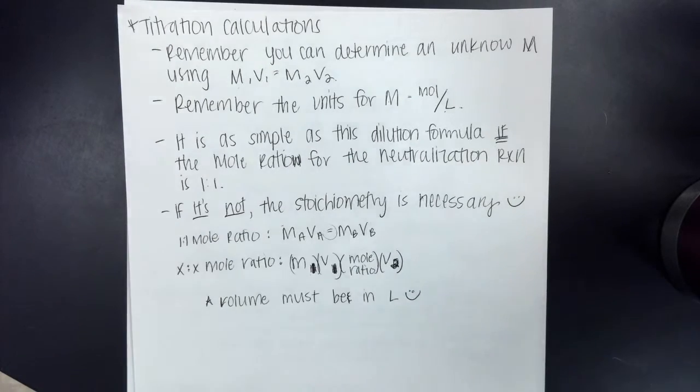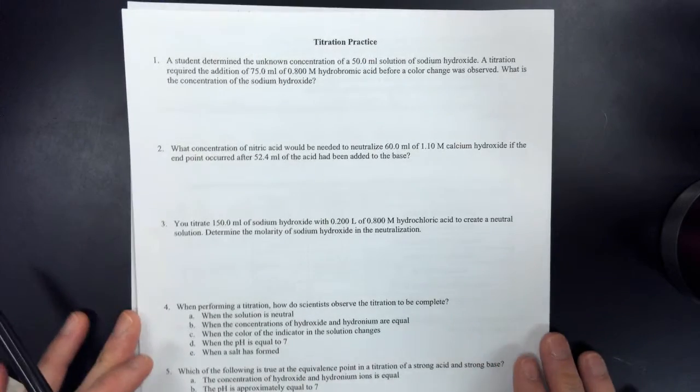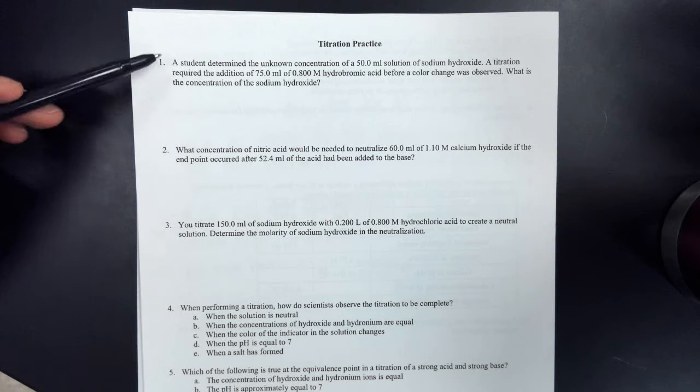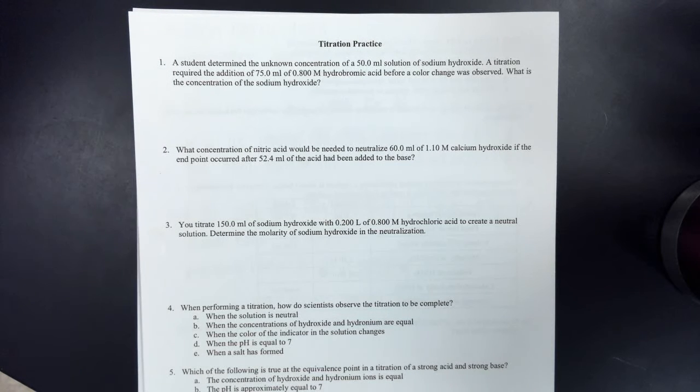So this worksheet is something that I think you picked up today. If not, then just pause this video and jot down numbers 1 and 2. And this video is getting pretty long already. It's 13 minutes.